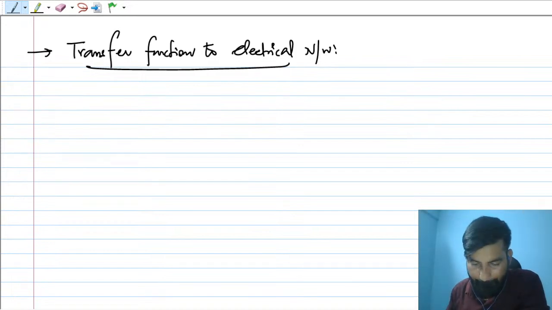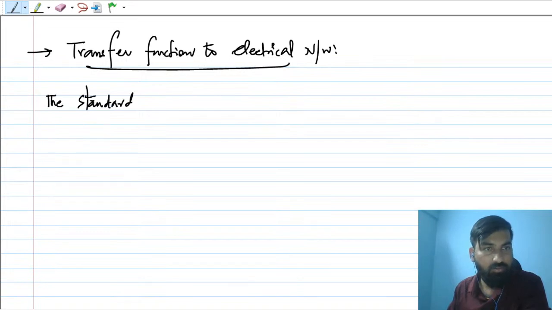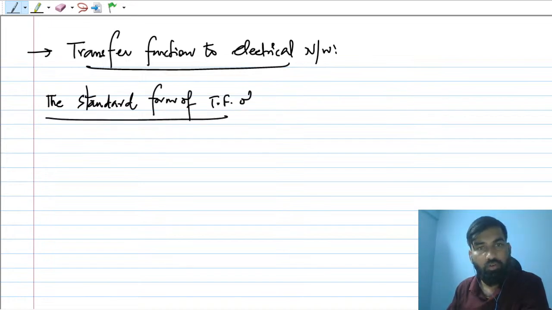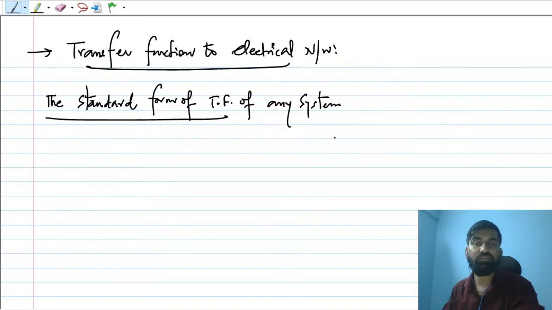So we have to understand what the standard form of transfer function of any system is. The standard form of transfer function of any system is described by the time constant format.